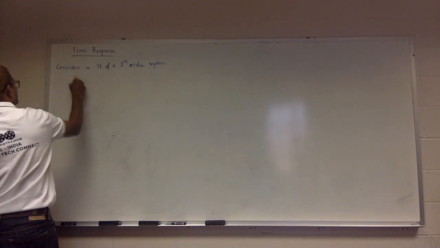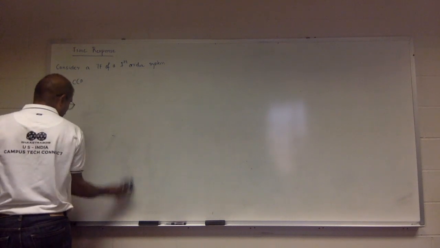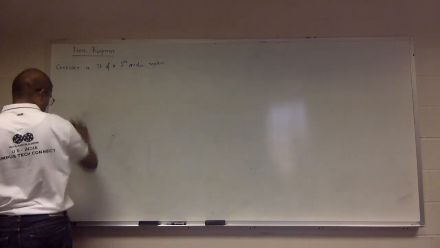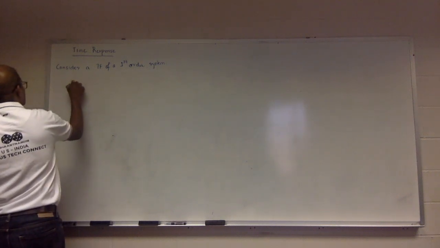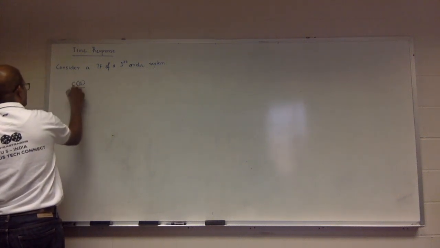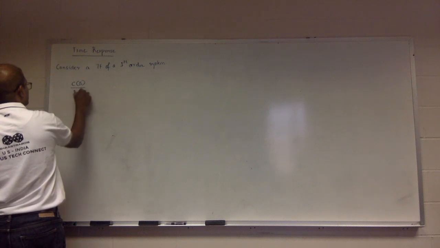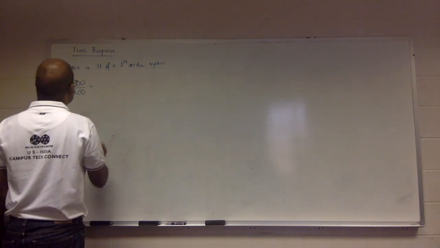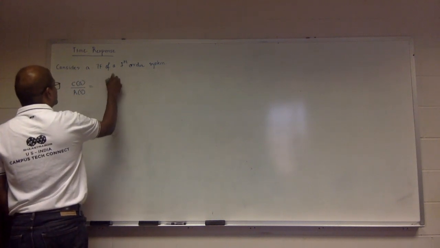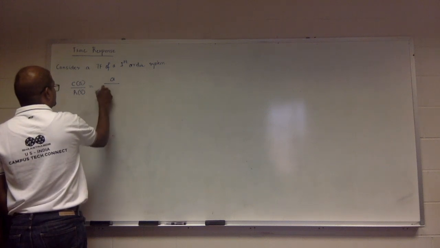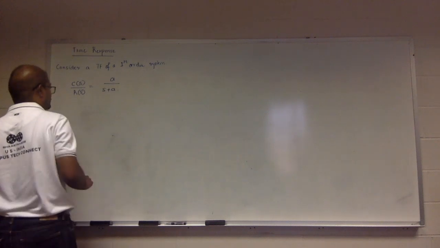So you have C of S divided by R of S is equal to, let's say, A over S plus A.